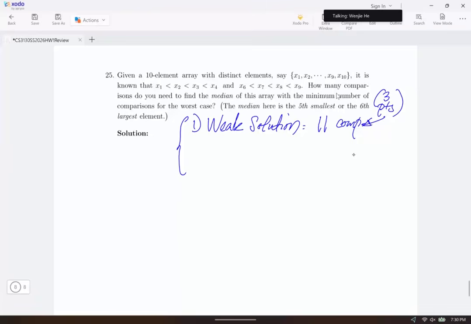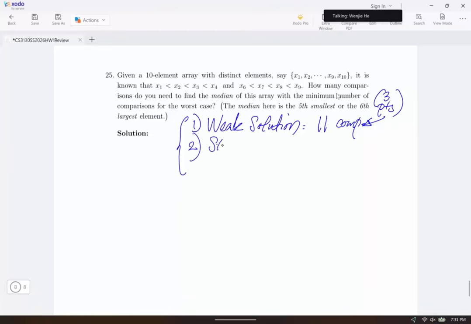If you can use 11 comparisons to find a solution, you earn 3 points, 1 point off full credit of 4 points. That's pretty good, only 1 point fewer than the standard solution.